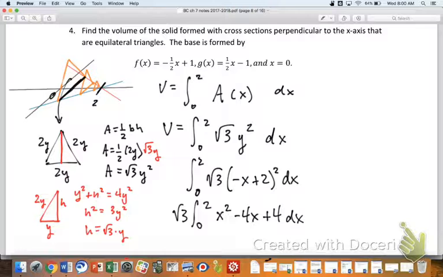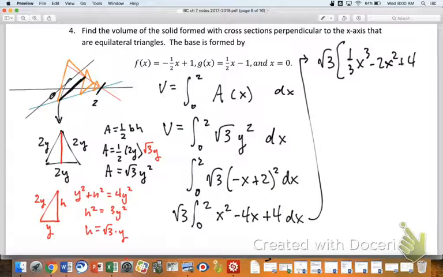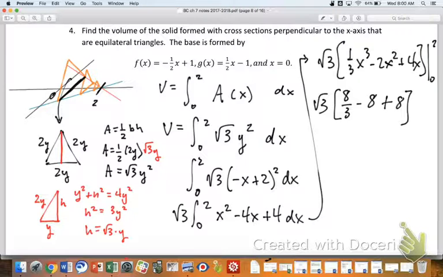And then root 3 times 1/3 x cubed minus 2x squared plus 4x, evaluated from 0 to 2. And then it would be 8/3 minus 8 plus 8. Eight root 3 over 3?